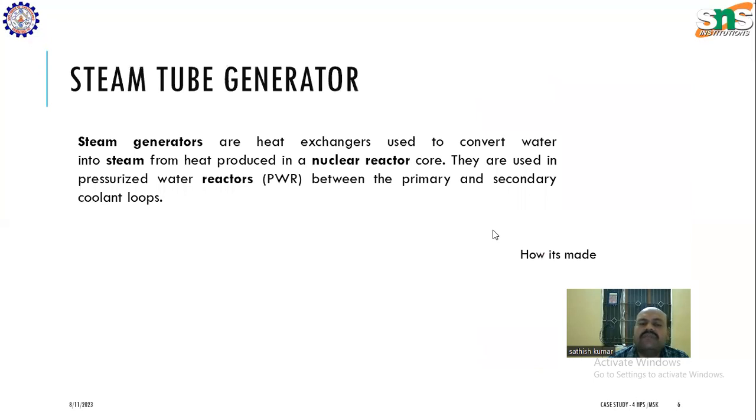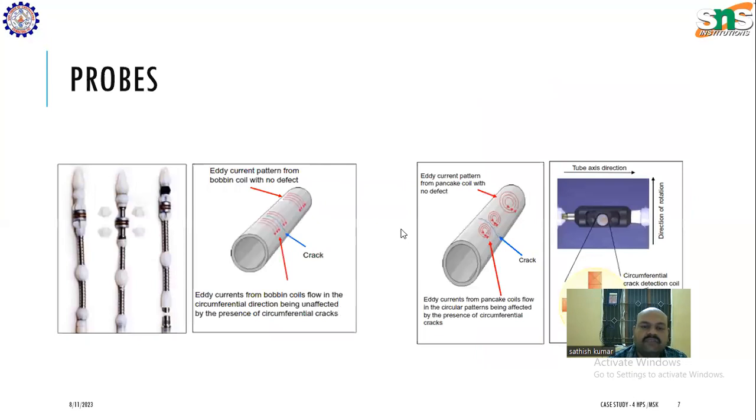The purpose of the steam generator is to convert water into steam from heat produced in the nuclear reactor core. They are used in pressurized water reactors between primary and secondary coolant tubes. These are the probes that can be fed into the tubes to detect the eddy current flow.